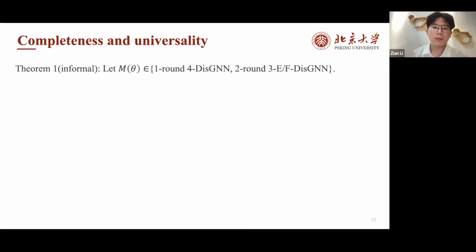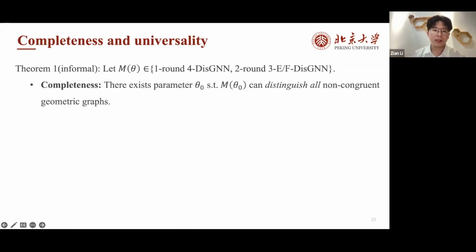And in the first theorem, we will show the properties of 1-round k-DisGN and 2-round 3E, 3F DisGNs. Here, by round we mean the iteration number of message passing. And they have the following properties. The first is they are complete, meaning that there exist some parameters such that our model can distinguish all non-congruent geometric graphs.